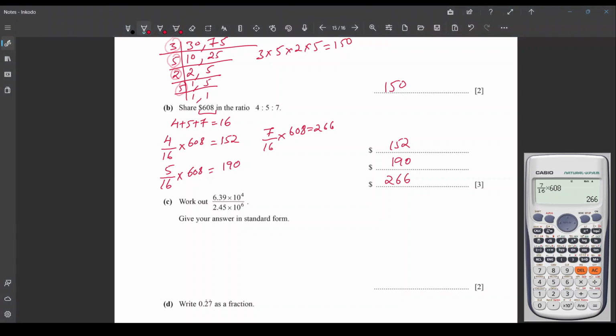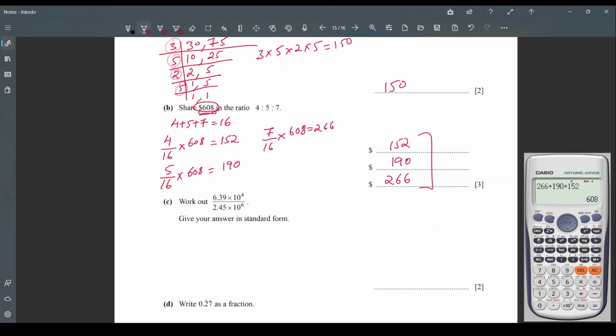To verify the answer, if we add all the numbers that we got, 266 plus 190 plus 152, you should get the total share. The total share is 608 and we also got 608 as the total share.